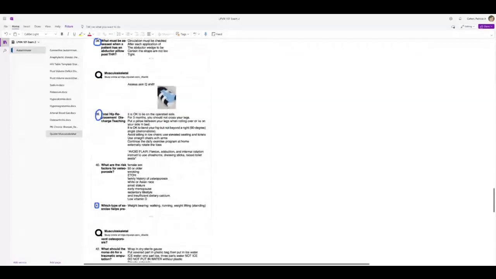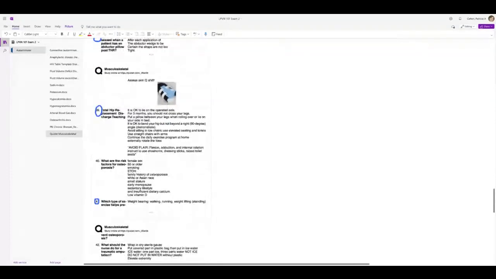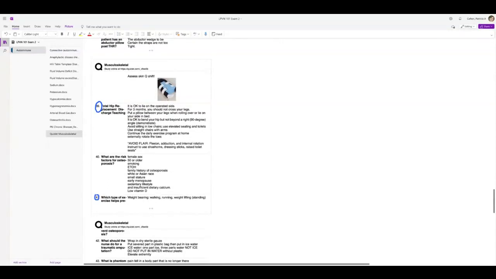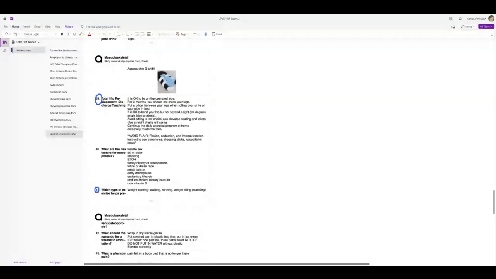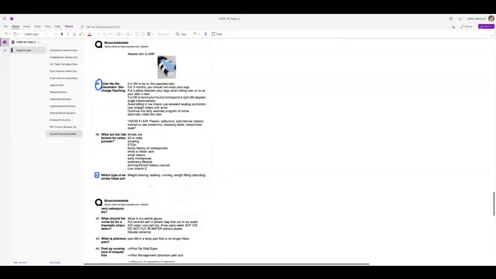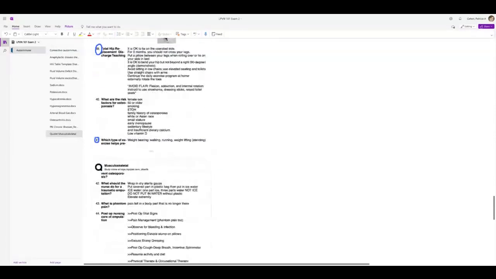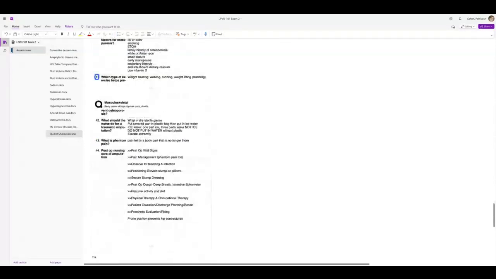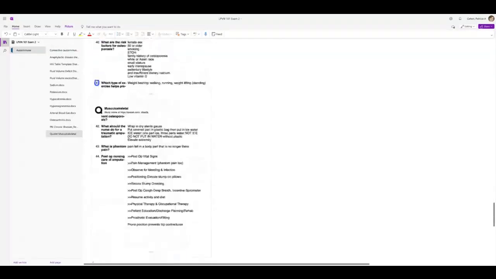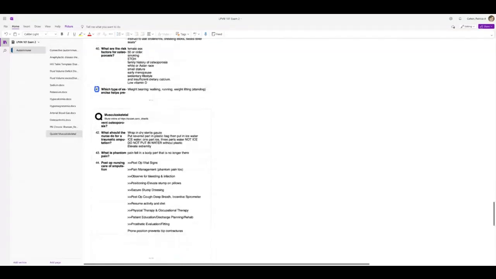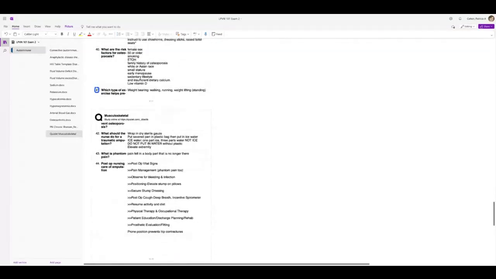Talked about teaching. Risk factors for osteoporosis, we'll talk about that tomorrow. And I will do amputation when we do the vascular lectures.